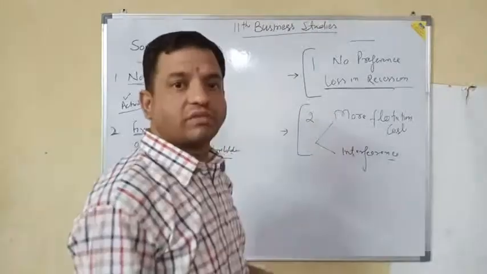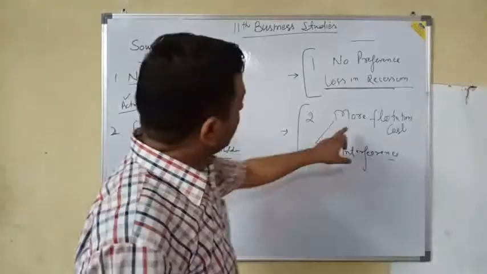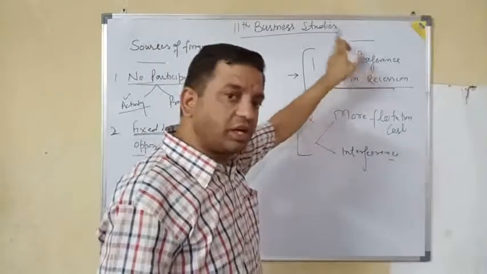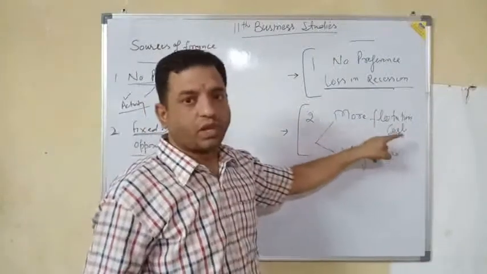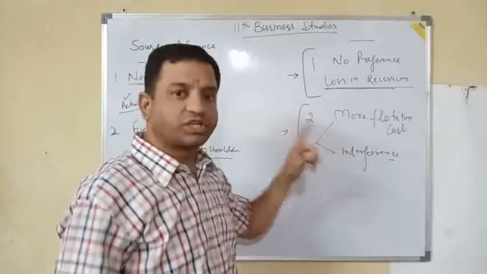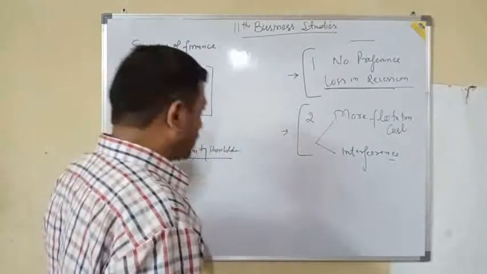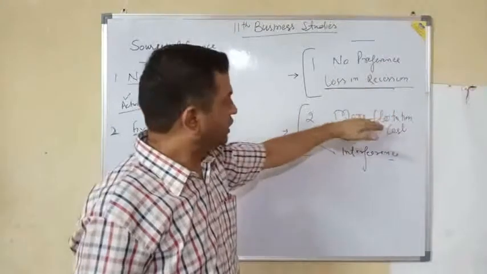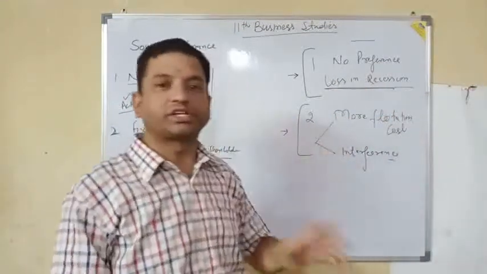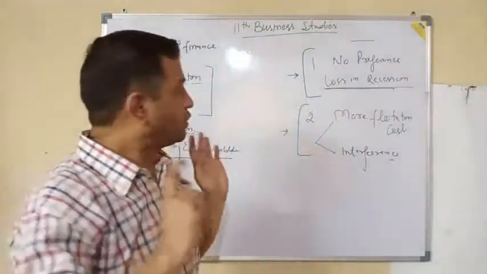The very first disadvantage for the company is that in order to issue the equity share, the flotation cost is high. The cost to issue preference share is lower as compared to the cost to issue the equity shares. In order to issue the equity share, you have to incur a huge amount of flotation cost.